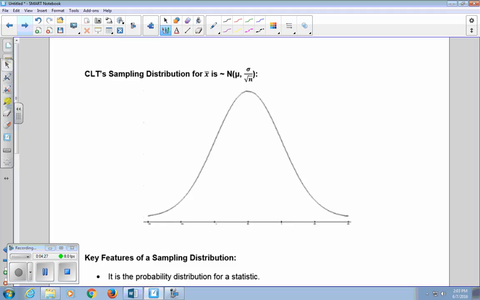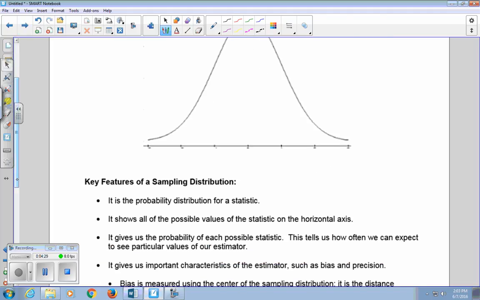So we can write this out on our graph here. So here's the picture of our distribution. The shape is normal. It's centered at mu, which means that we'd have mu plus sigma over the square root of n.